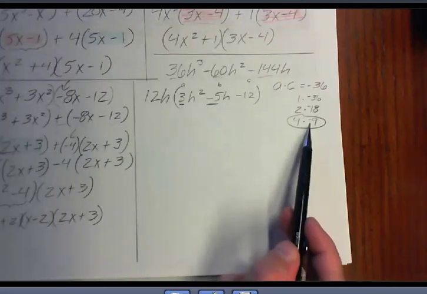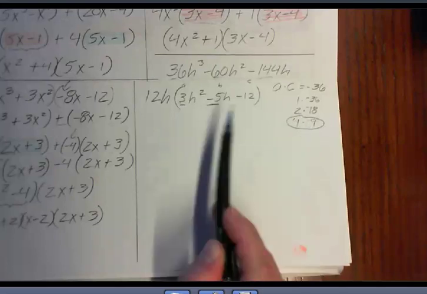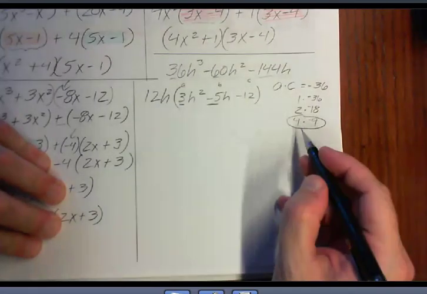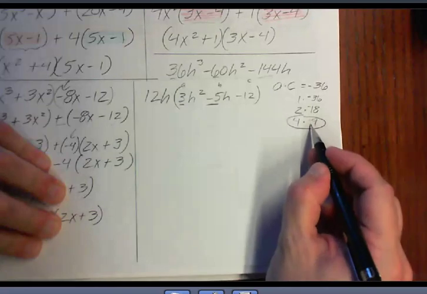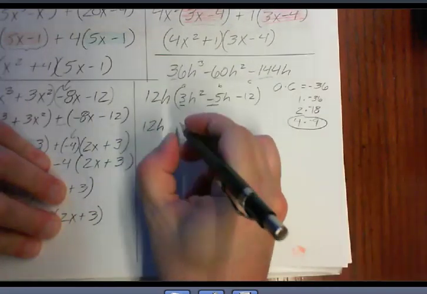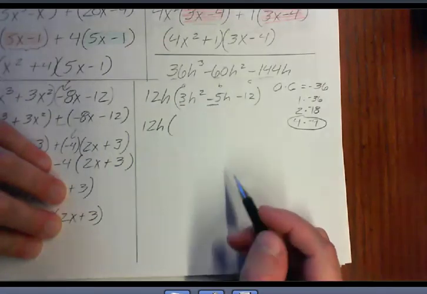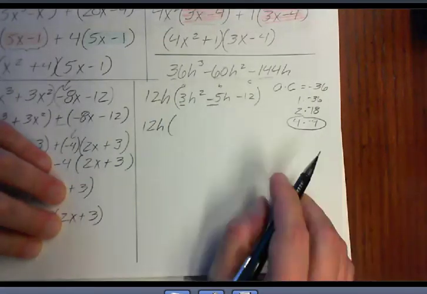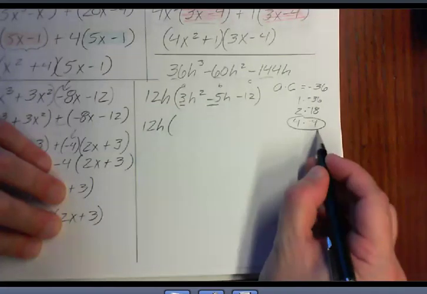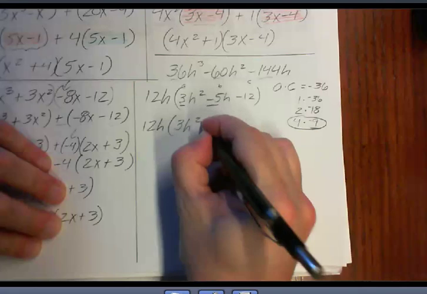So I'm already noticing that I've got a negative 9 and a 3. So I'm going to write my negative 9 over by my 3 because I know that I can pull a 3h out of that. In other words, I'm just noticing the fact that the negative 9 is divisible by 3. And you would still get the correct answer, by the way, if you wrote it out 3h squared plus 4h. But I'm just going to go ahead and put the minus 9h over here by the 3h squared term.